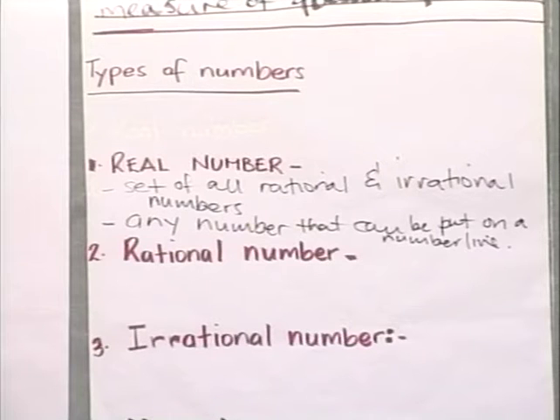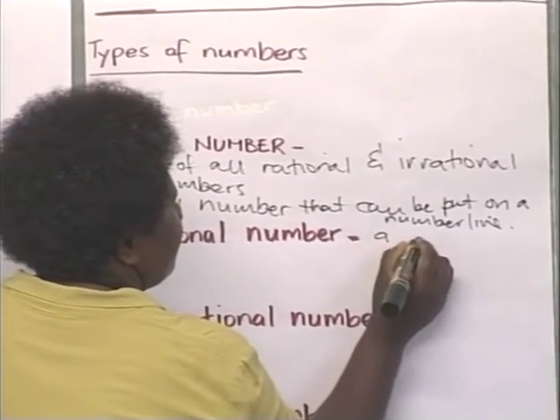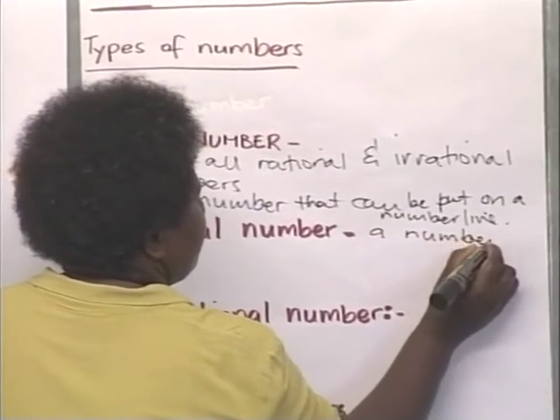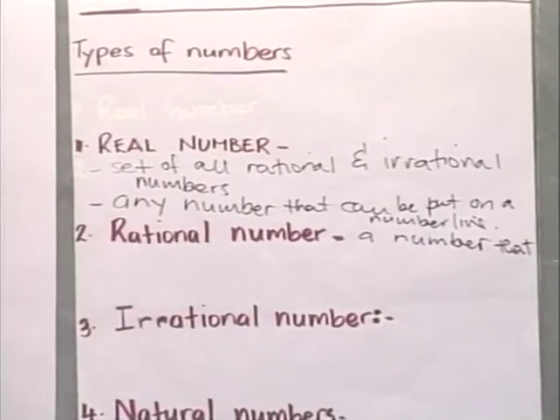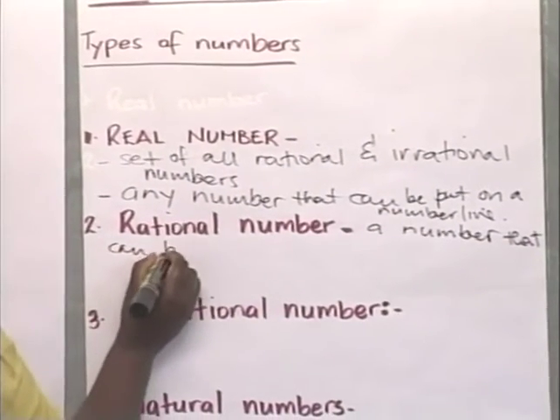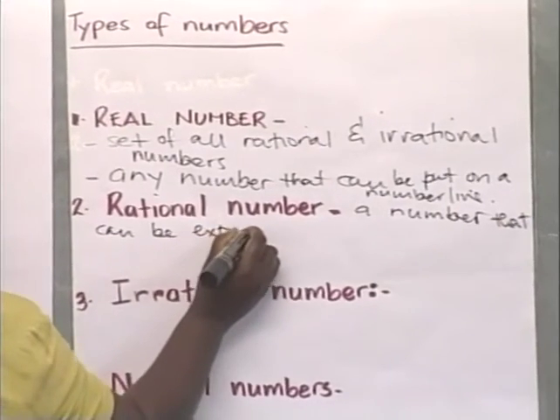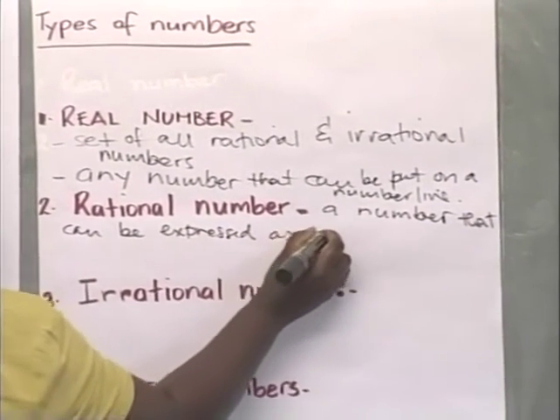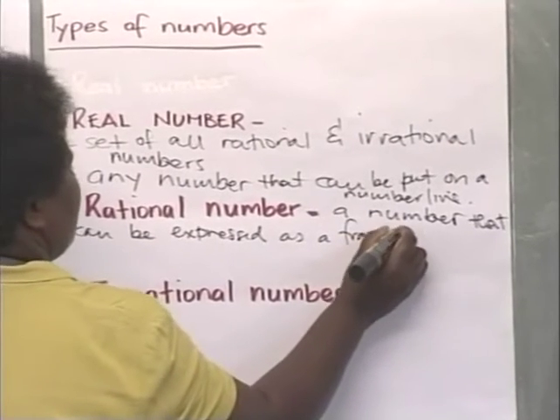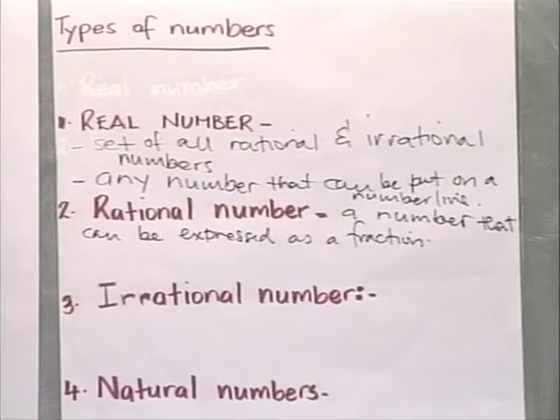Okay, what is a rational number, Natasha? A number that can be expressed as a fraction or ratio. Okay, a number that can be expressed as a fraction. Danny, so is the number 2 a rational number according to that definition?